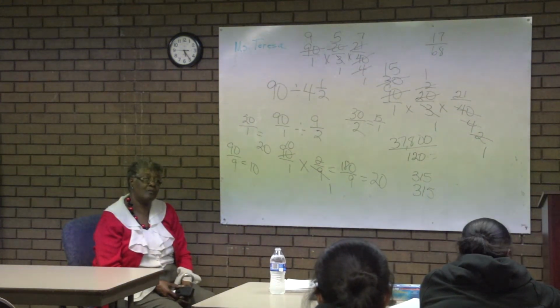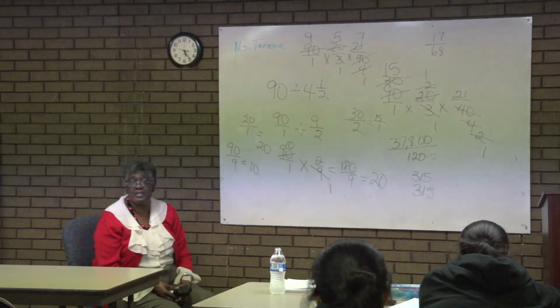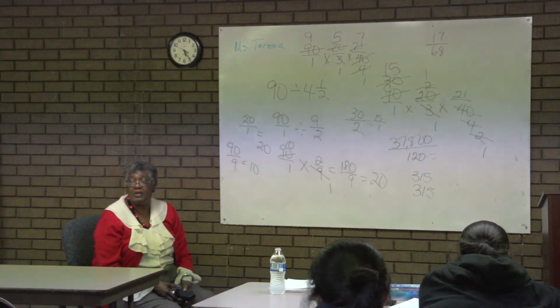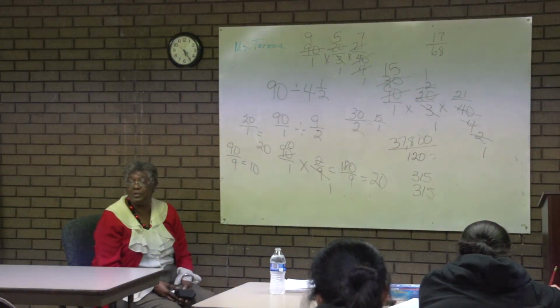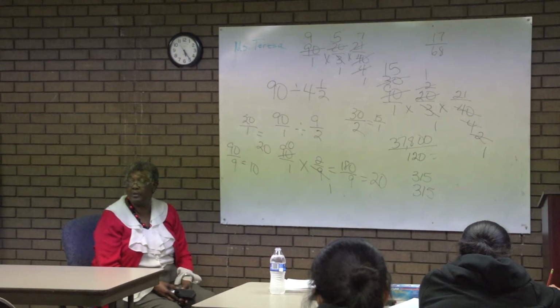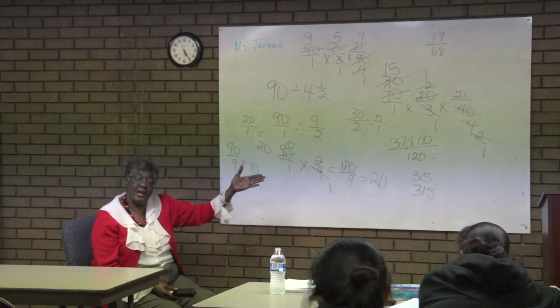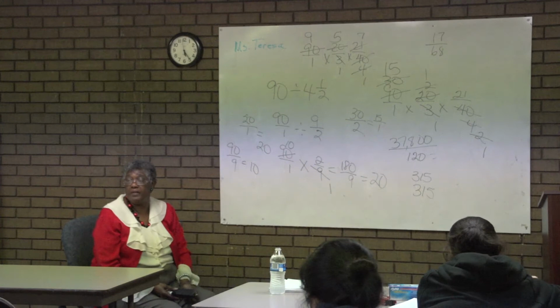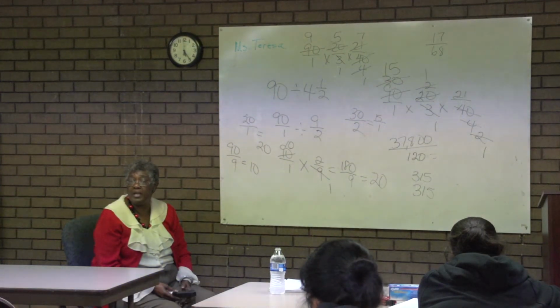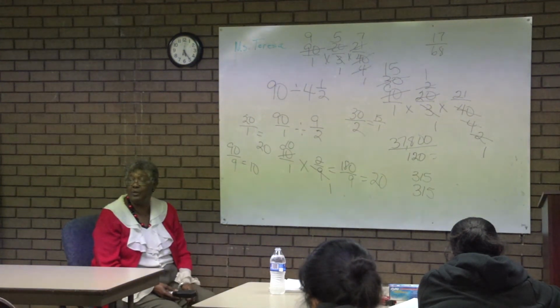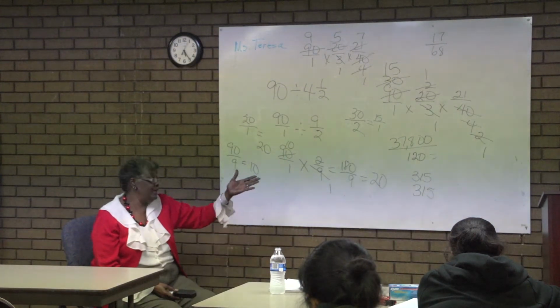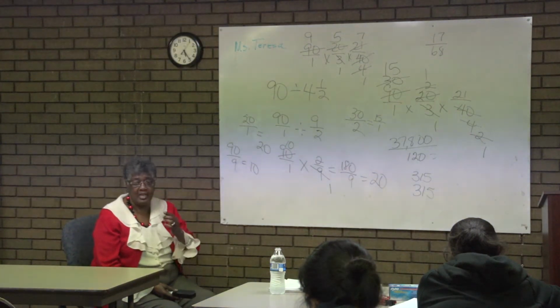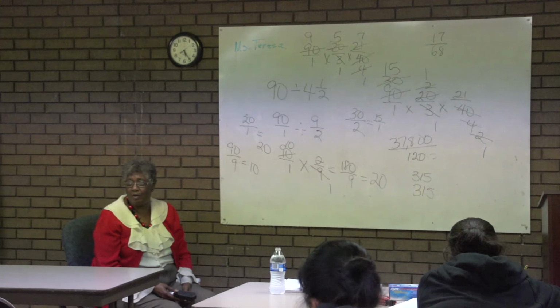Mm-hmm. 4 times 17, 68. So that's when canceling helps too. Because a lot of times when you don't cancel, you come up with an answer that you don't know if something goes into both of them evenly, and you don't get your answer down to the lowest terms. And if you put 17/68 down as your answer, it'd be marked wrong.